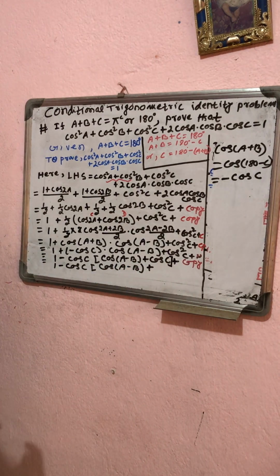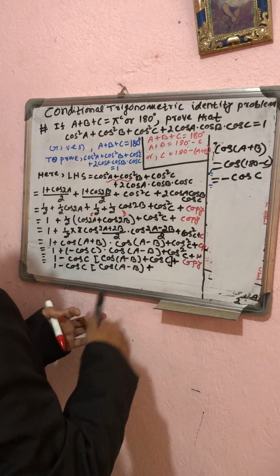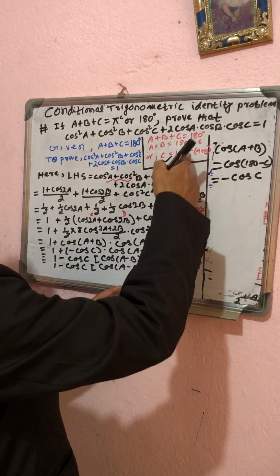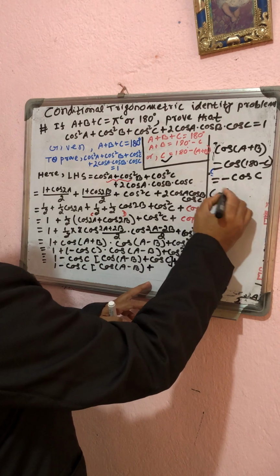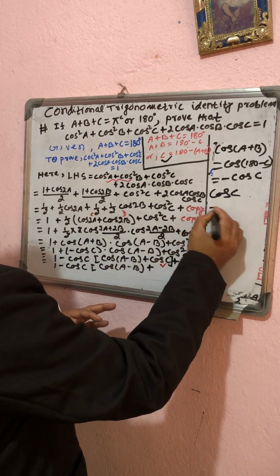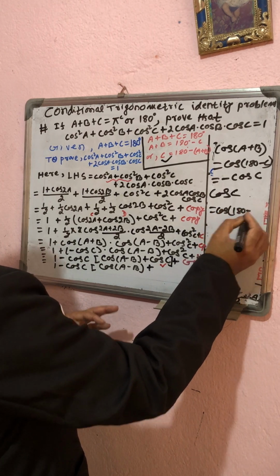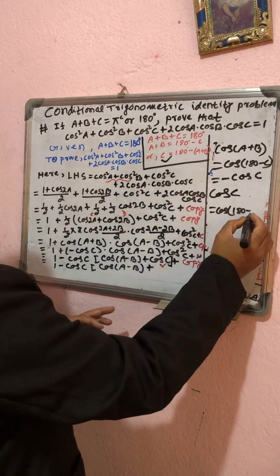Now let's check it again. We are talking of C. So you can see here that C equals 180 minus (A plus B). So regarding this term cos C, what you can write is cos of 180 minus (A plus B).